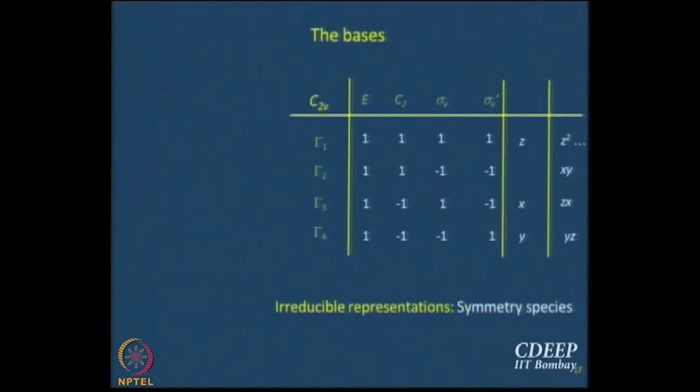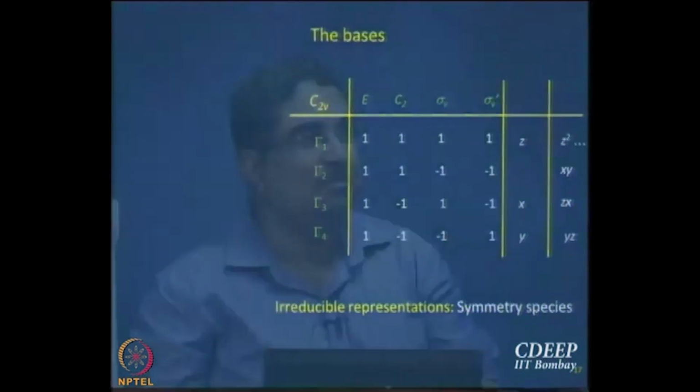So, that is what tells you about the symmetry behavior, that is why these are called symmetry species. Each irreducible representation is called a symmetry species. Make sense? Okay. In fact, I like symmetry species better than irreducible representations. If you approach it from a mathematical point of view like what we have done, then irreducible representation makes sense. If you approach it more from a chemistry point of view, symmetry species is much more appealing.